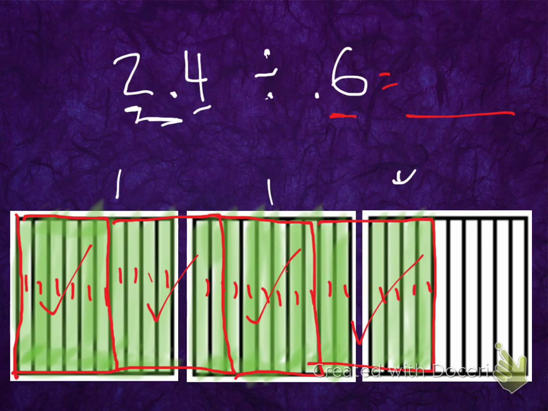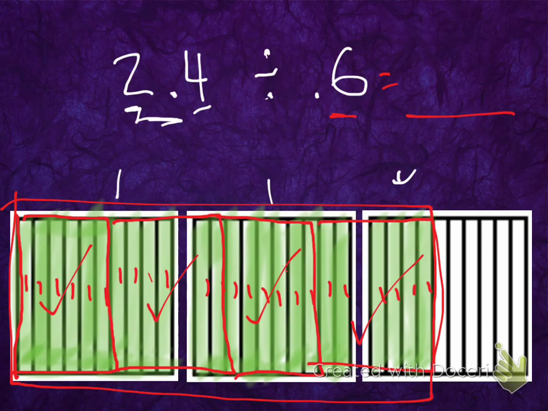So within this 2 and 4/10, I have a total of four groups of the divisor. I have four groups of 6/10, therefore 2 and 4/10 divided by 6/10 gives a quotient of 4.